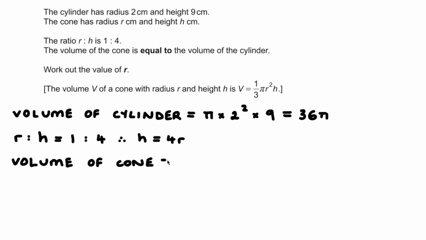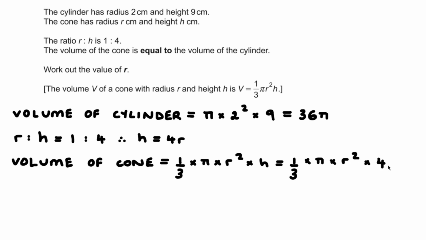Now we can find the volume of the cone. The volume of a cone is given by a third times by pi times by r squared times by h, and I know what h is, that's 4r. So I have a third times by pi times by r squared times by 4r. So I have the volume of the cone equaling 4/3 pi r cubed.